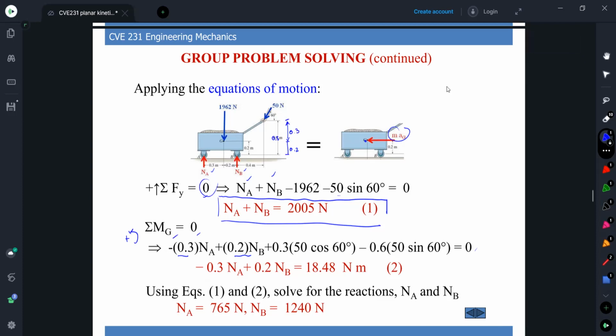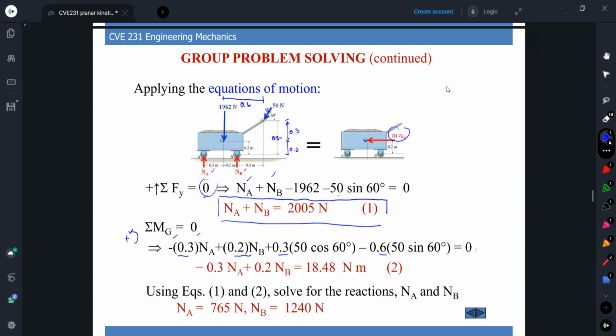We decompose the 50 Newton force into its horizontal component, 50 cosine 60 times 0.3. We also have another component with moment arm 0.6, which comes from here when taking the moment about point G: 0.6 times 50 sine 60 degrees.